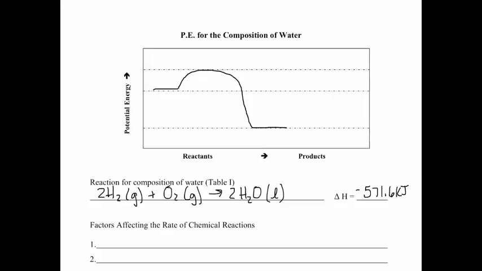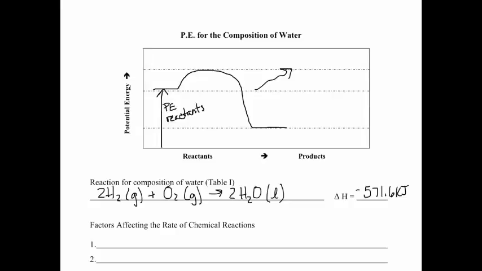Now all the arrows are going to start and end in the same points, keeping in mind that this is the reverse reaction because we're actually going to be losing heat in this reaction. Delta H is negative, so the heat's going to be lost in the reaction. So starting from 0 to our reactants, notice it's a much higher arrow this time. This is the potential energy of our reactants.